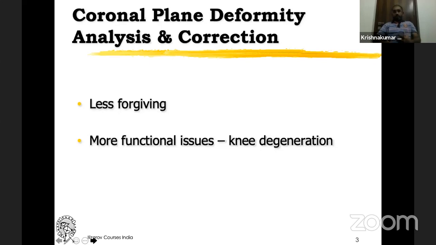The knee already has a tendency to degenerate, and everybody has a little bit of varus, a couple of degrees of varus. So if there is an exaggeration of the varus, or if there is a reversal of the curve, like if there is a valgus deformity, the chances of your knee getting degenerated is much higher. That is why coronal plane deformity analysis and correction is given much more importance compared to other deformities.